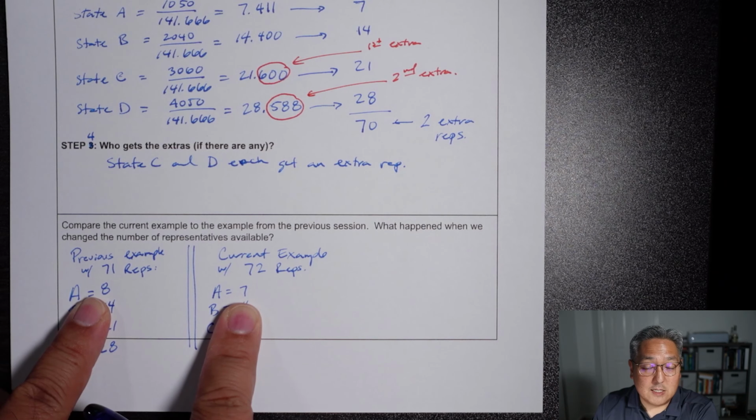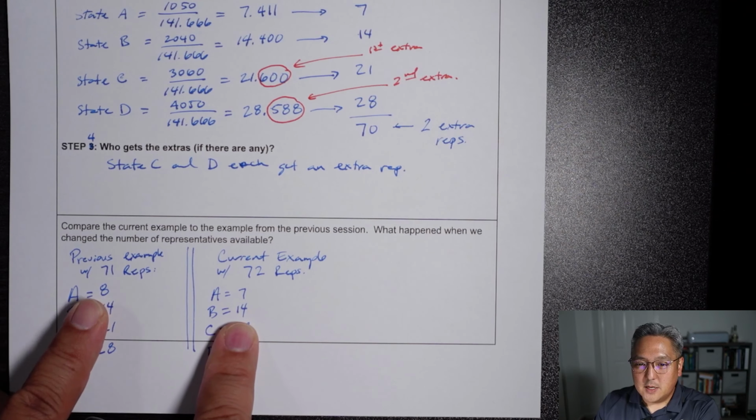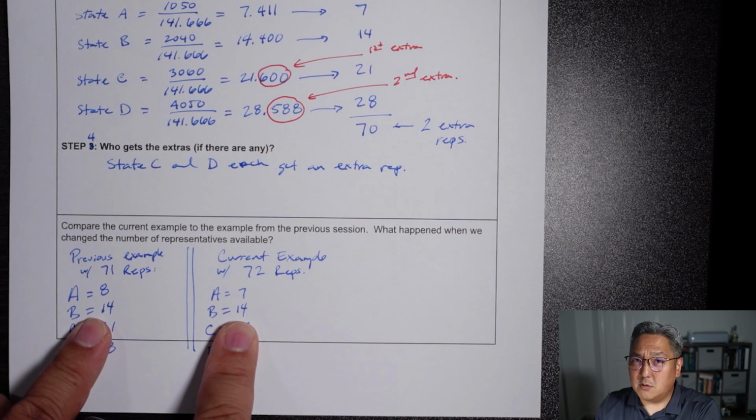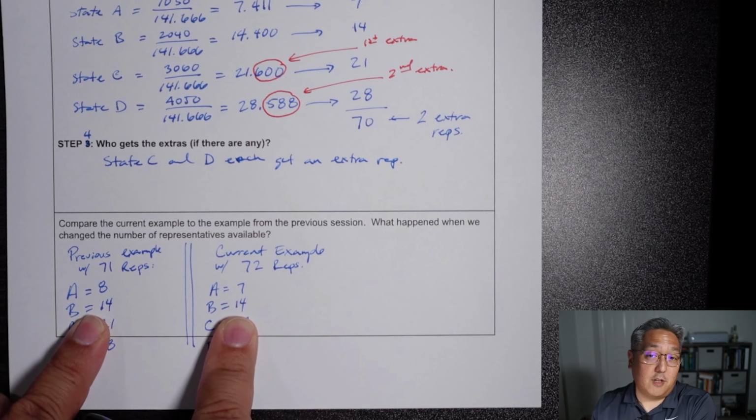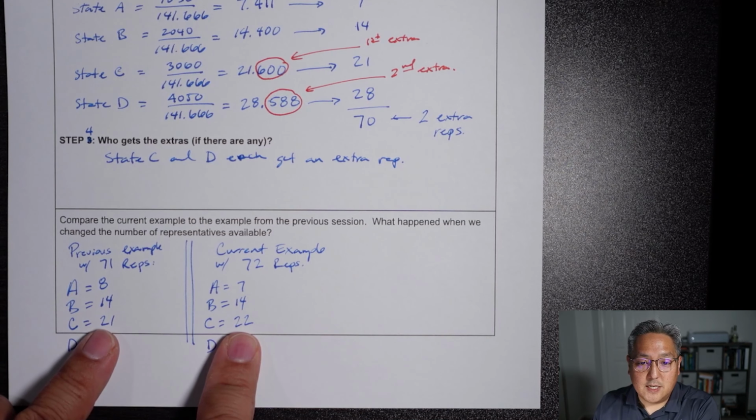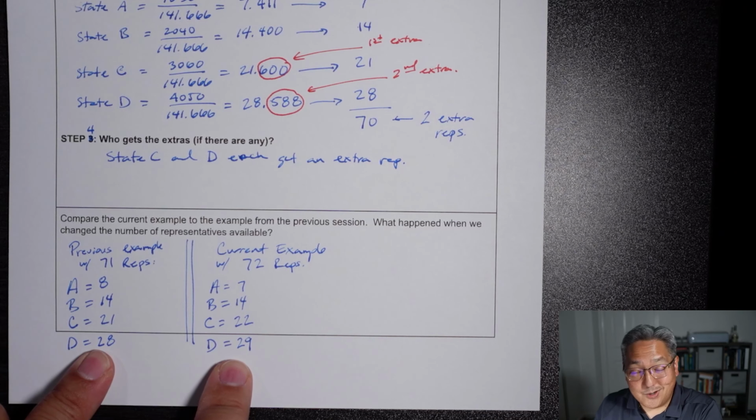State A is going, wait a minute, you added a representative to the House, but then you took one away from us. State B is like, cool, I don't care, we stayed the same. State C is going, you added a representative, we got a representative. State D is the same.